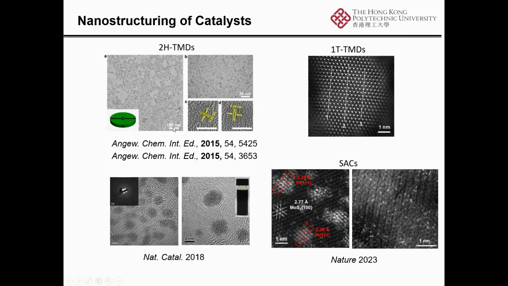So we produced some two-dimensional layered small-size nanocrystals of several nanometers to produce hydrogen gas. And then recently we also thought about reducing the size further from several nanometers to single atom catalyst to produce hydrogen gas.